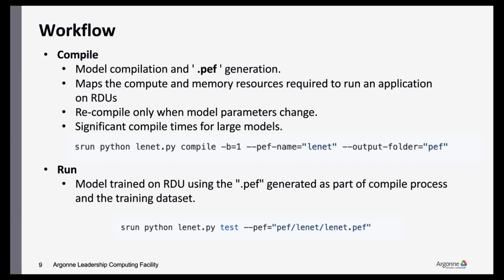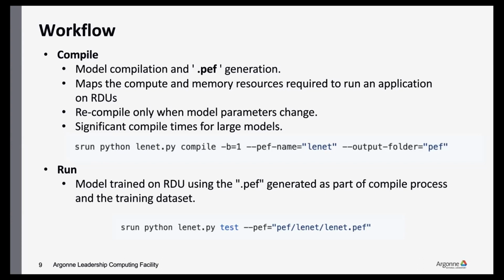If not, if you're just changing, say, a data set, then you can use the already existing pre-compiled model and just run using the existing .pef file. Please do note that for very large models, the compile times may be significant, and please be patient while it compiles. It does take some time, and it is pretty much model specific.